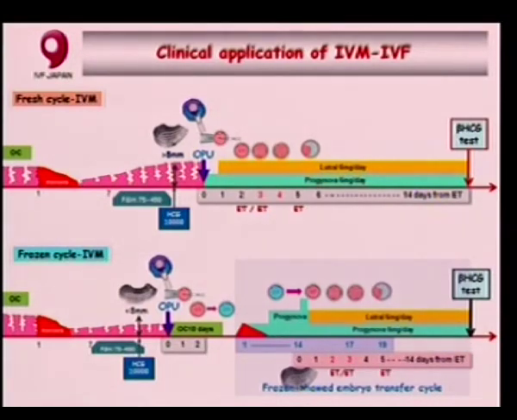But if less than 8 millimeters, we freeze 2PN, either cleaved stage or blastocyst. We freeze first, then in a subsequent cycle we transfer in a frozen cycle. By this strategy, we can apply IVM in any patient.